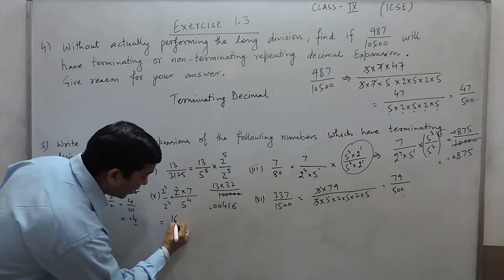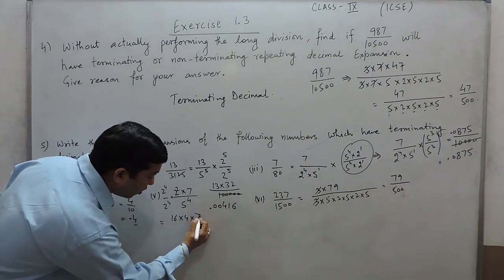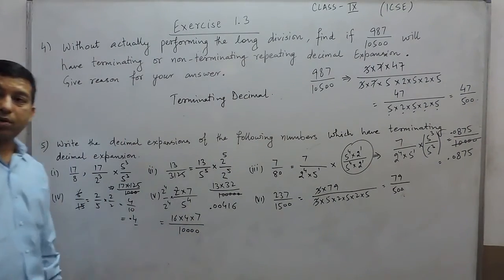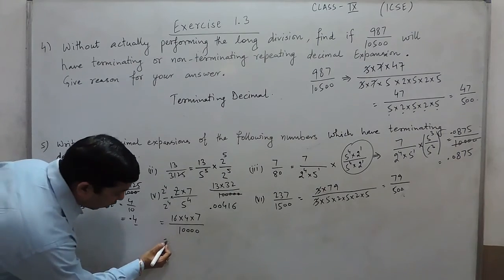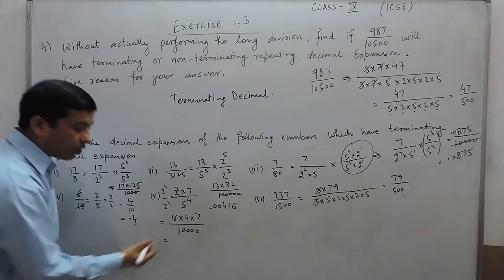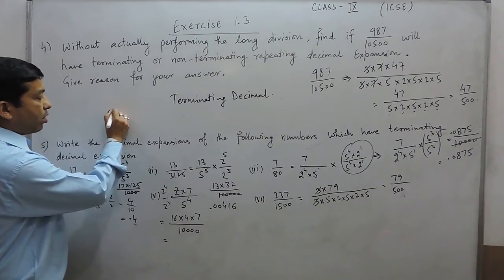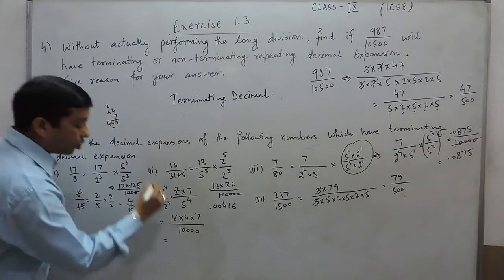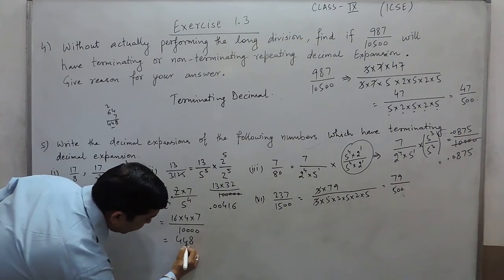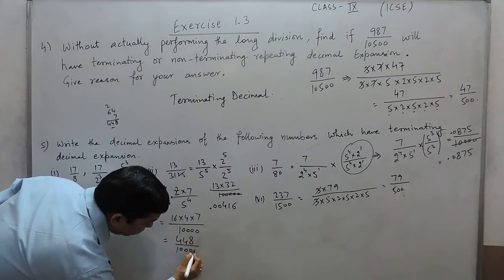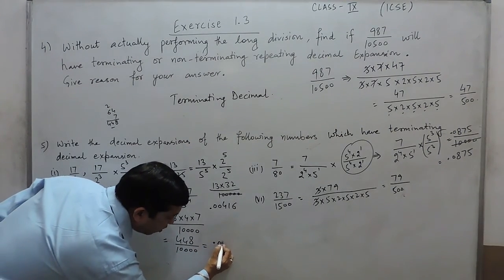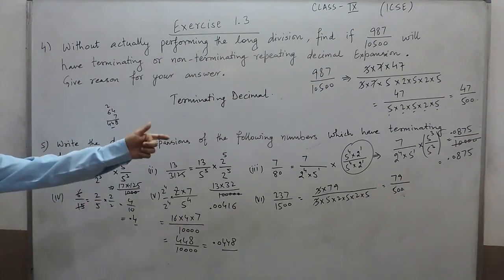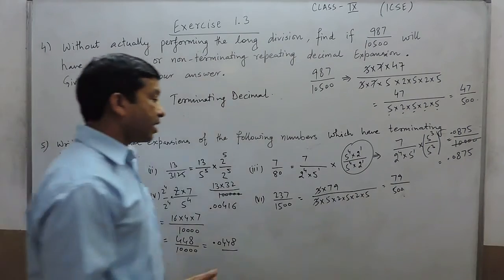It comes out to be 7 into 4 into 16 upon 4 zeros. 16 into 4 is 64. 64 multiplied by 7 comes out to be 448 upon 4 zeros, which is 0.0448. So this is the easier way of solving the terminating decimal questions.